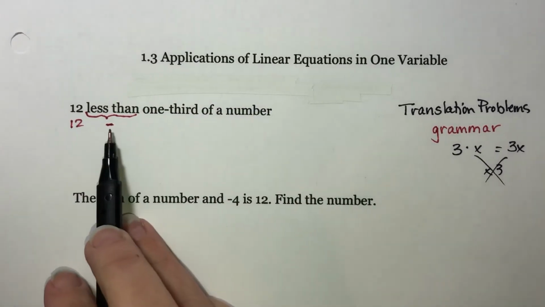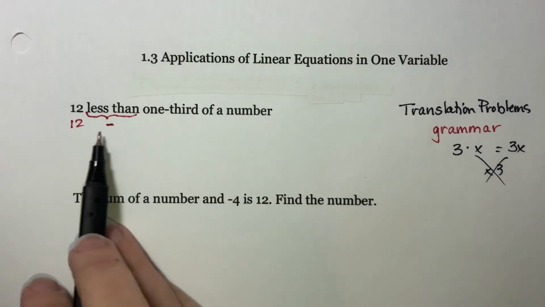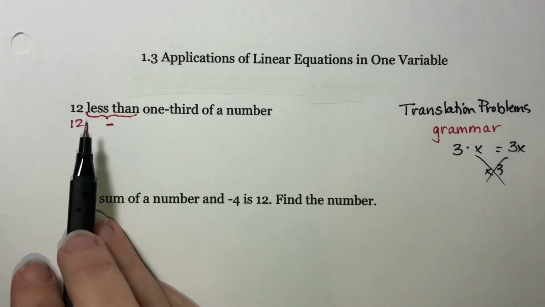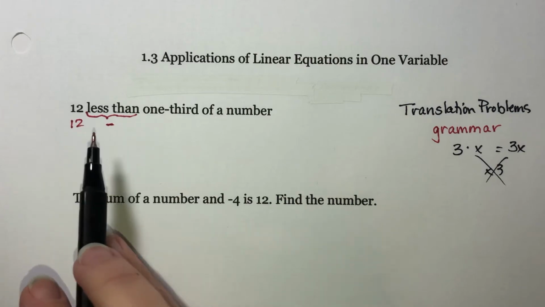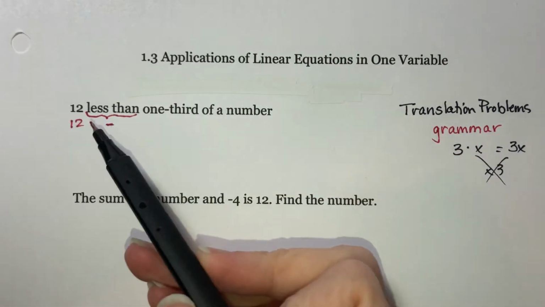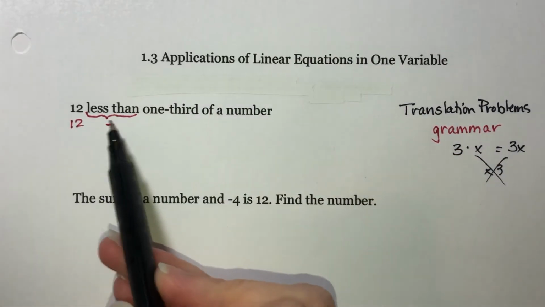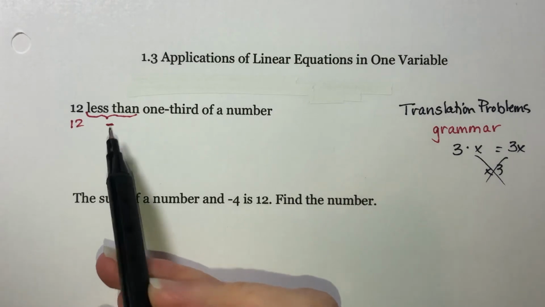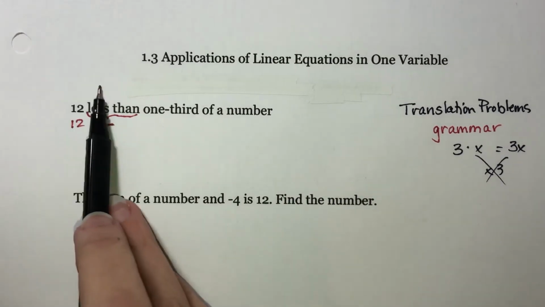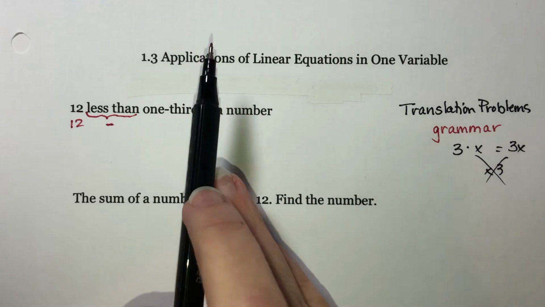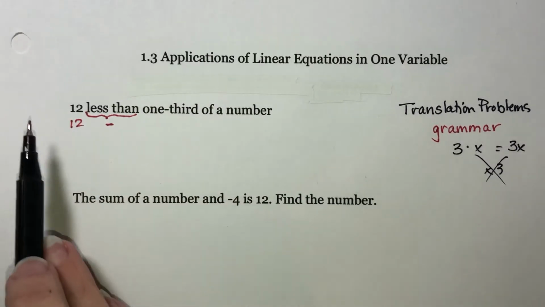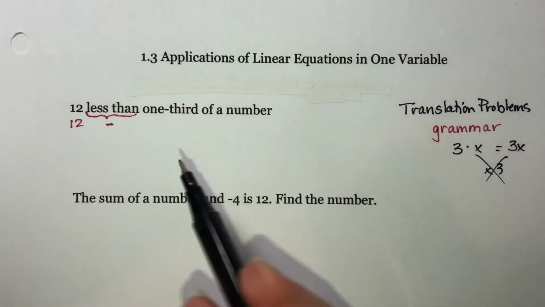Now, when you have a subtraction, we have to be super careful because in English, we put things in weird order when we're talking about a subtraction. Sometimes it's going to be the first thing minus the second. Sometimes we mean the second thing minus the first. So we'll talk a little bit more about that in a second.